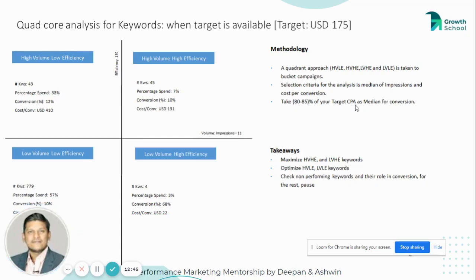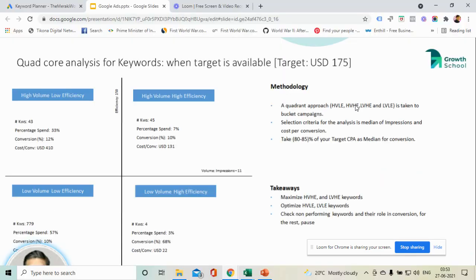You can see here in the takeaway section, it's written: maximize HVHE, LVHE keywords, which fall under the bucket of high efficiency. So we need to optimize for low efficiency keywords. Now let's go back again to our Excel spreadsheet.